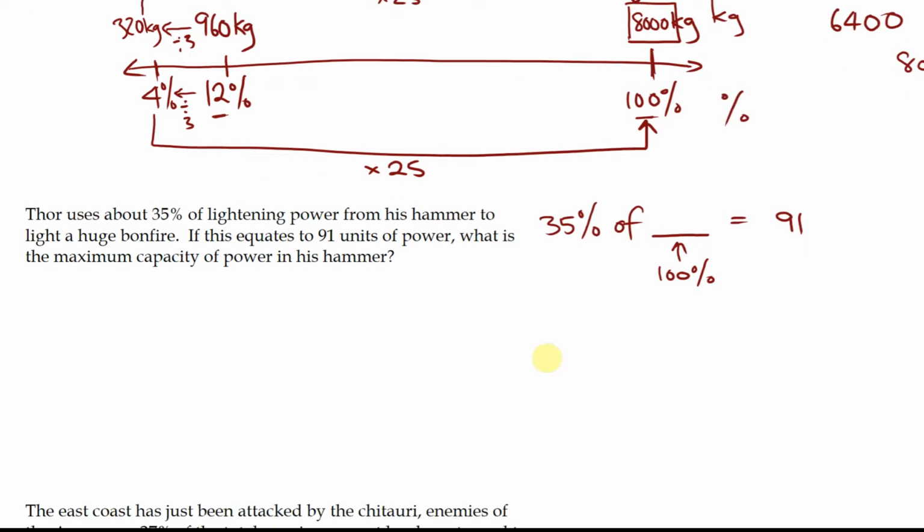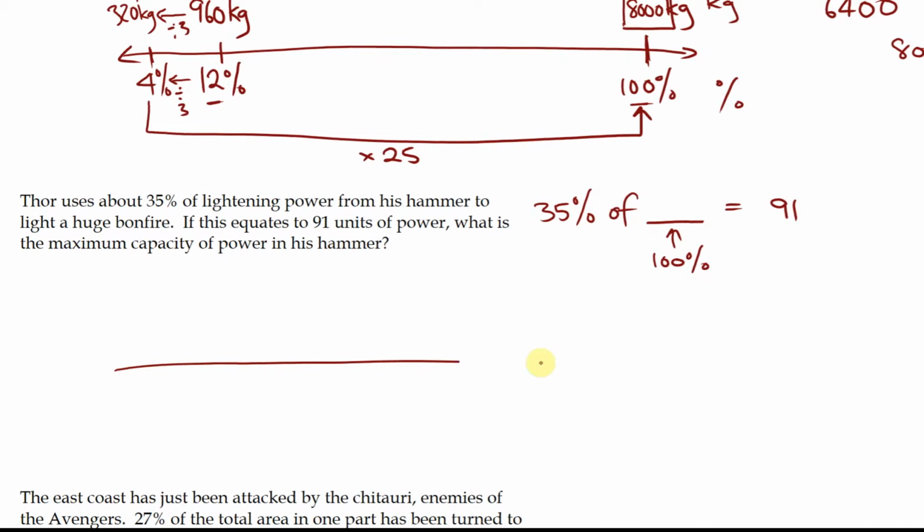So if we do a number line, 100% is what we're trying to find. But we do know that 35%, which is about there, is equal to 91 units of power.